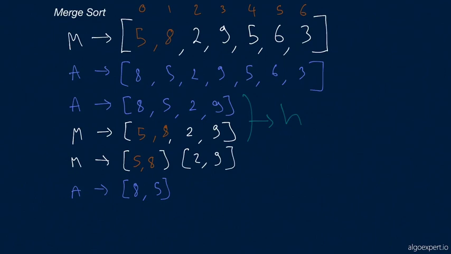And this is going to be in purple, 2, 9. And again, in this helper method, our top array was the auxiliary array, our bottom array was the main array. But then when we call the helper method again down here, now our top array is the main array, and our bottom array is the auxiliary array. And so now at this point, we call the helper method on 2, we call the helper method on 9. These are single number arrays, so we hit our base case and we don't do anything.